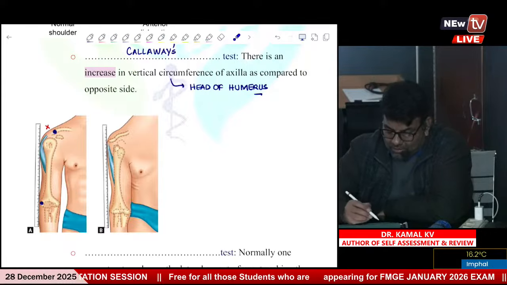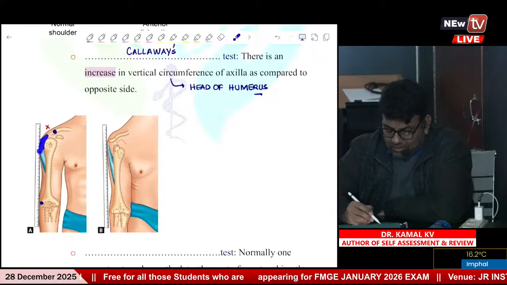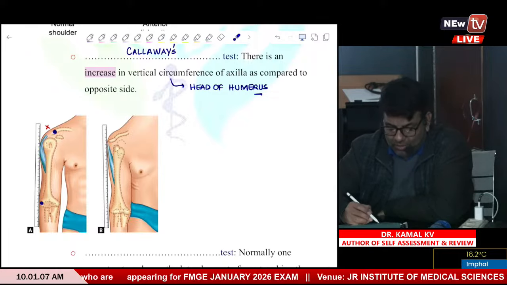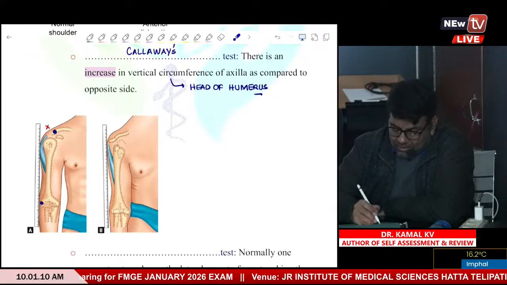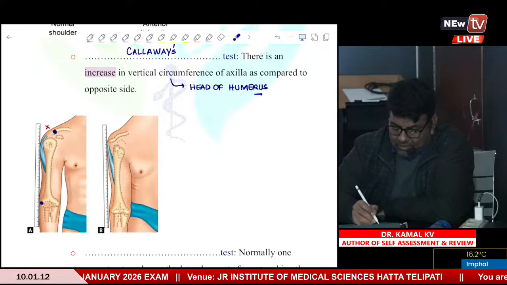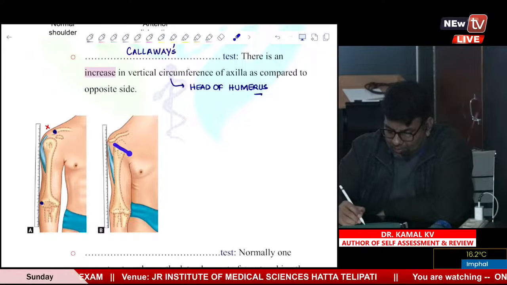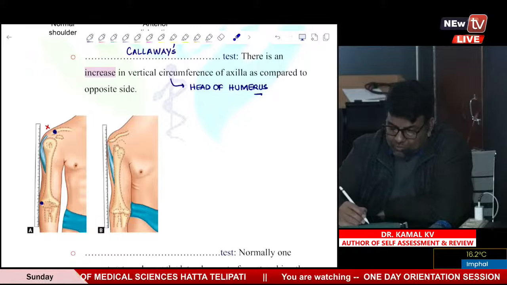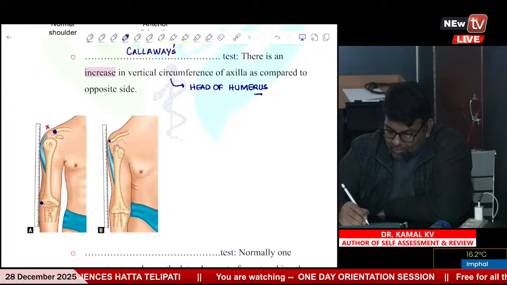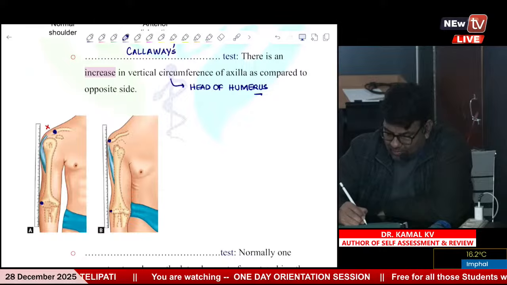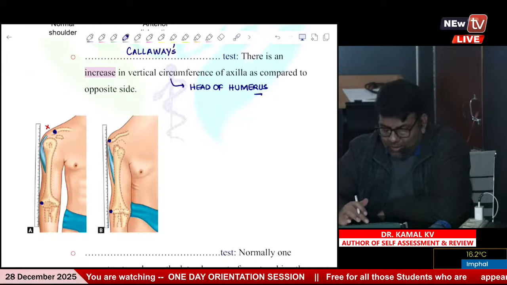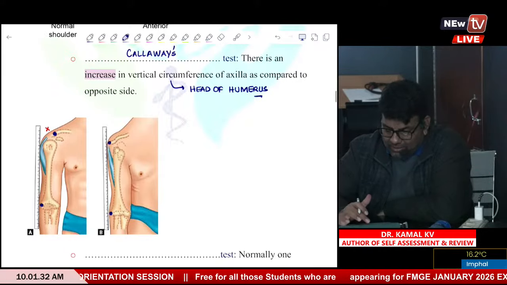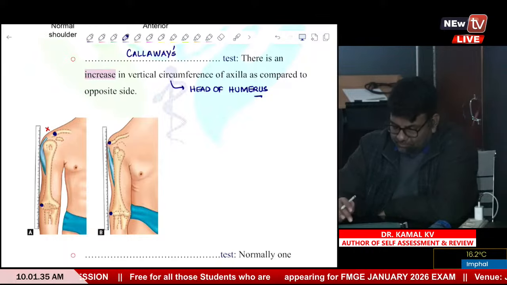This is because of the prominence of the deltoid, which is over the head of humerus, so the ruler is away from the acromion. But when the head of humerus dislocates anteriorly, we can touch both the bony landmarks, the acromion process here and the lateral epicondyle here, at the same time, keeping the ruler vertical.